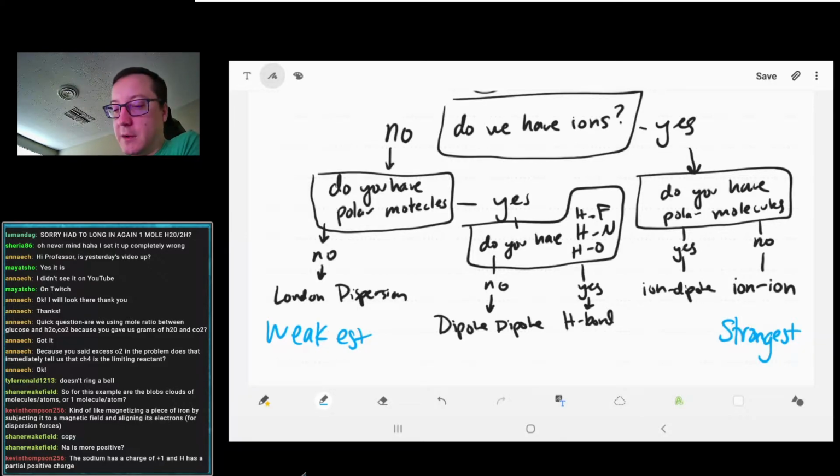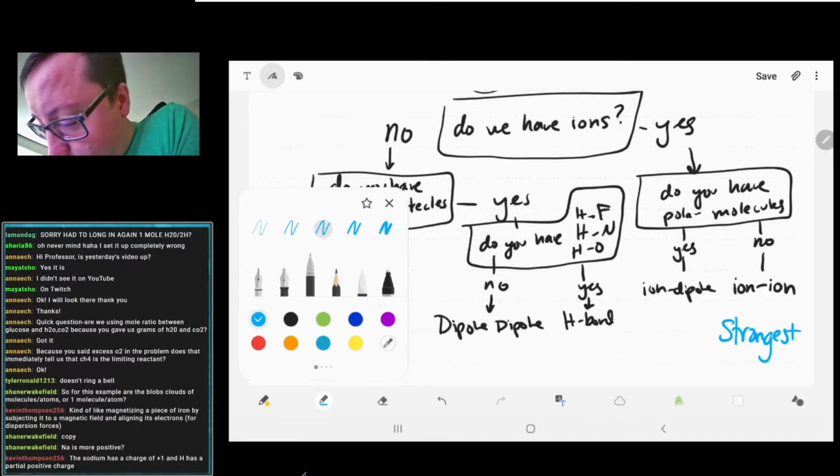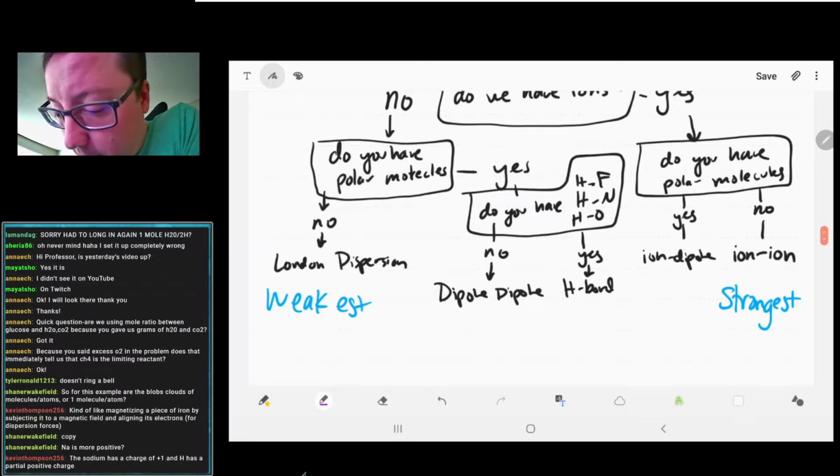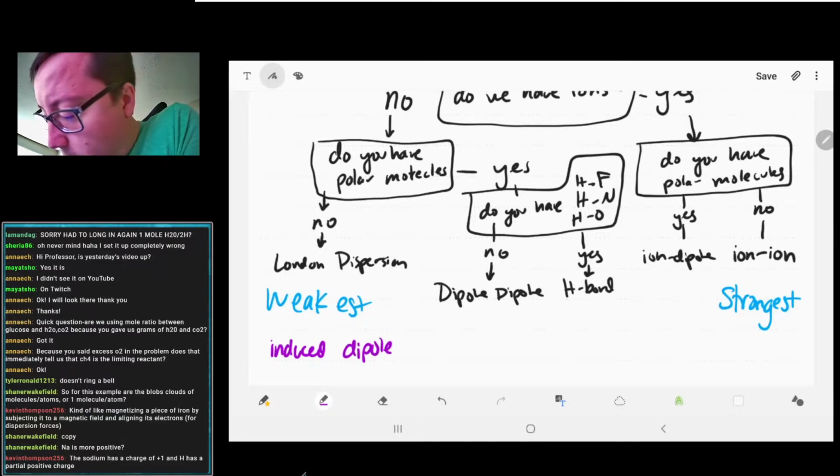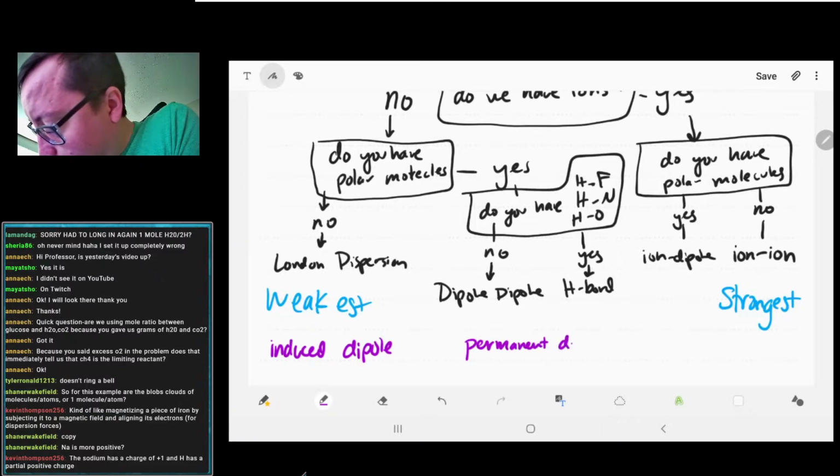So we have permanent dipoles. Here we have just induced dipoles. Here we have permanent dipoles. And here we have full charges.